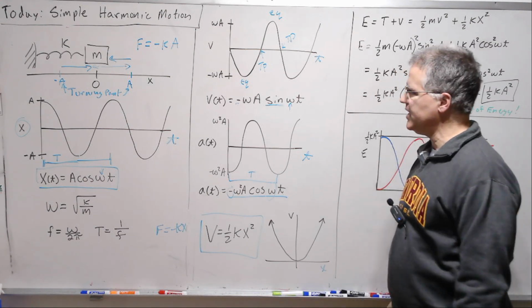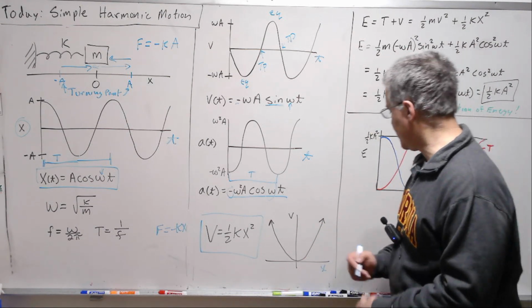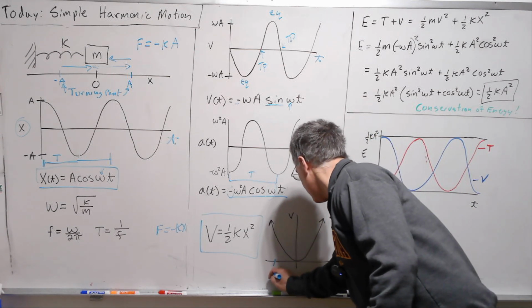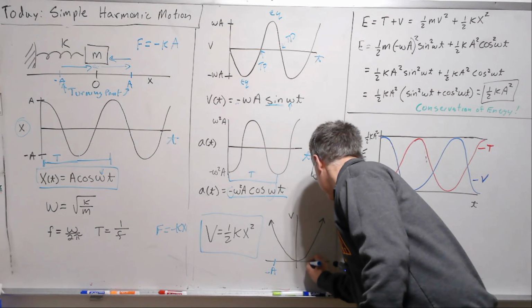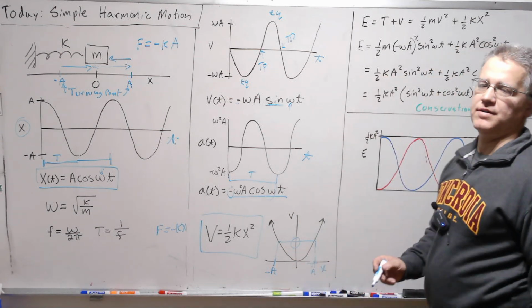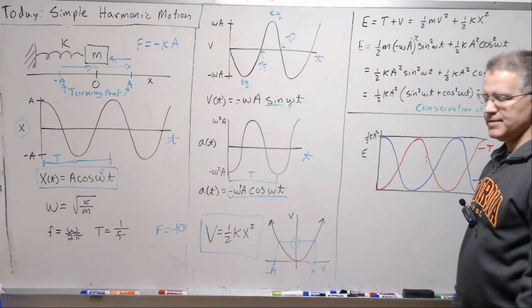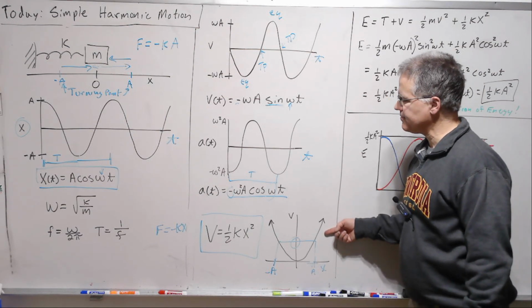Zero potential energy when we're at the equilibrium position, maximum potential energy when we're at the turning points. So wherever I decided to let go, that's the amount of potential energy in the system.